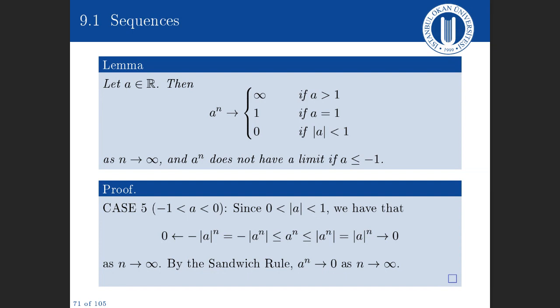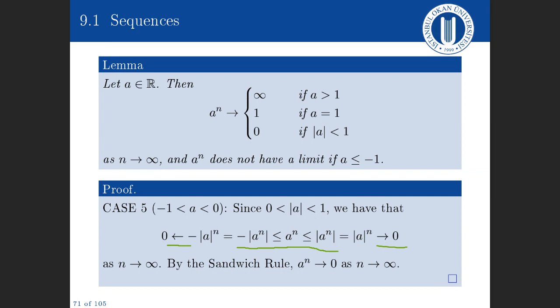No, sorry, this is a sandwich rule proof. a to the power n must be between the absolute value of a to the power n and minus the absolute value of a to the power n, but that tends to 0 and tends to 0. So by the sandwich rule, this must tend to 0.